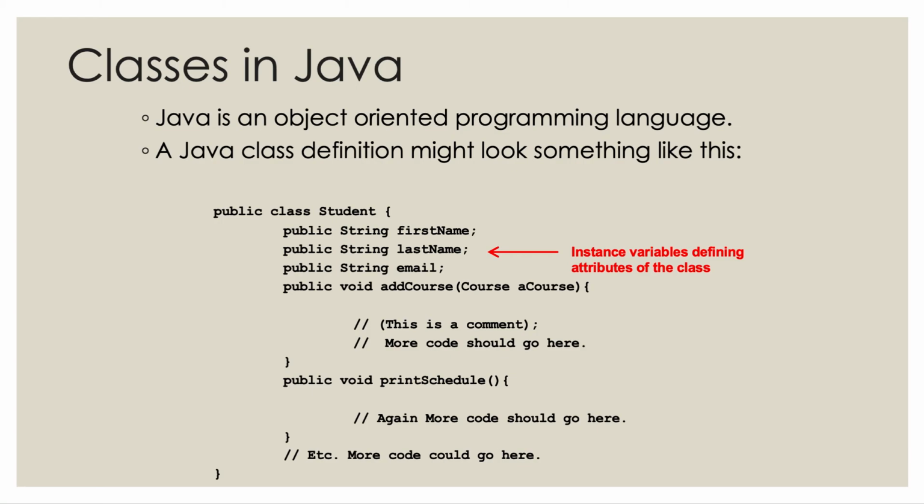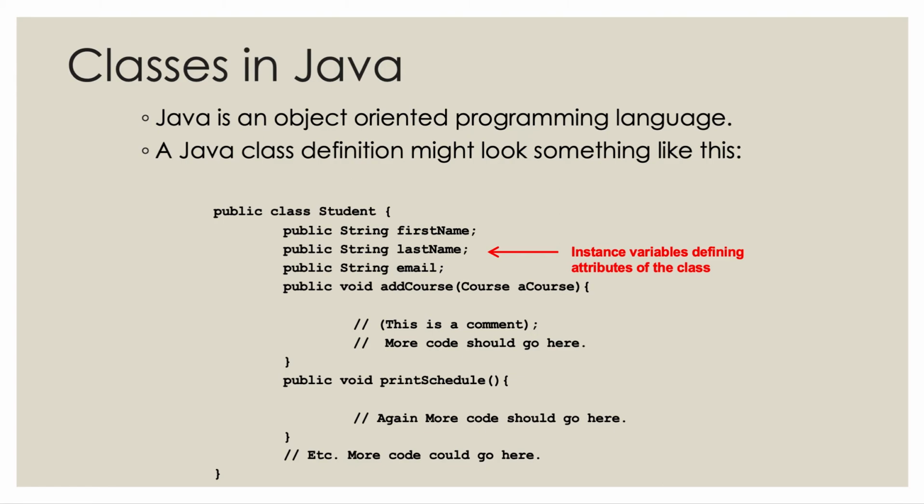After defining our class Student, as you've learned so far, we usually have instance variables. Here, as you see, this class Student has 3 instance variables that define the attributes of the class. So this class Student has 3 attributes: first name, last name, and email.